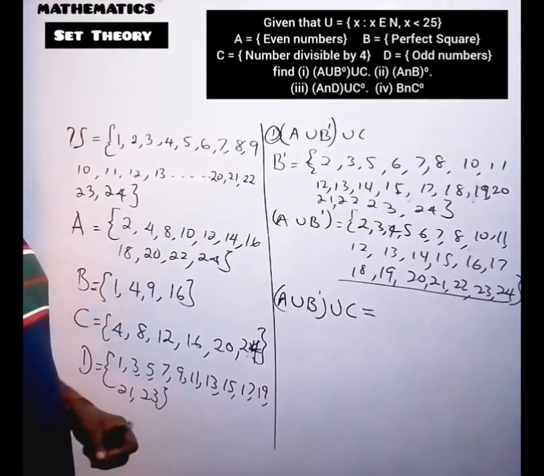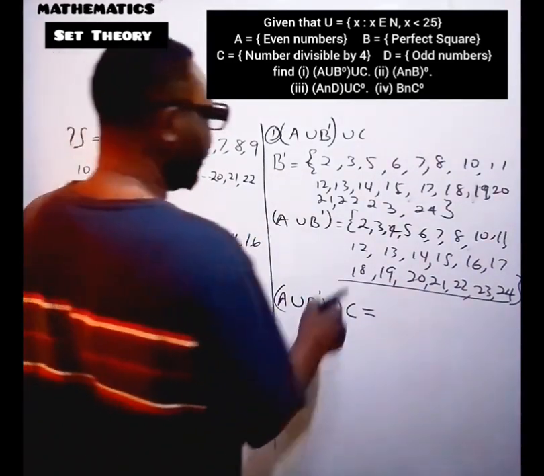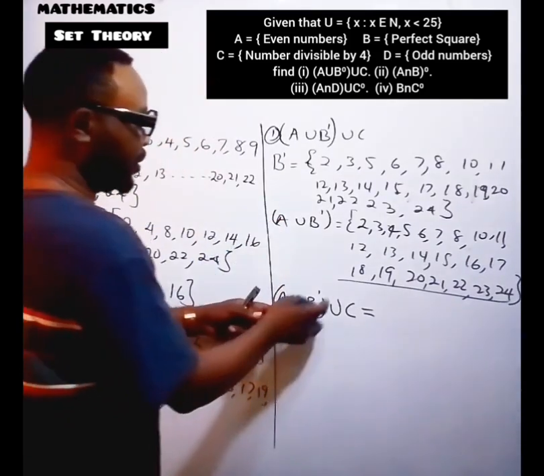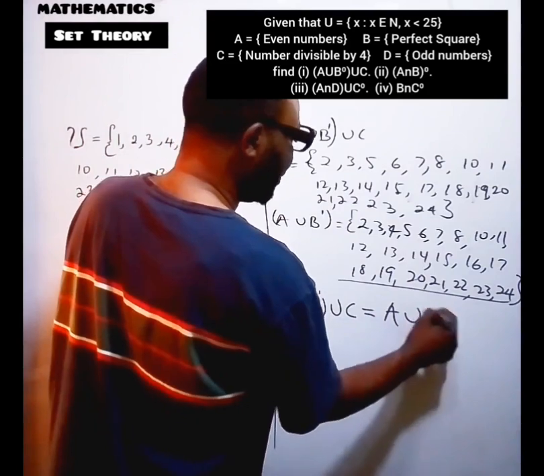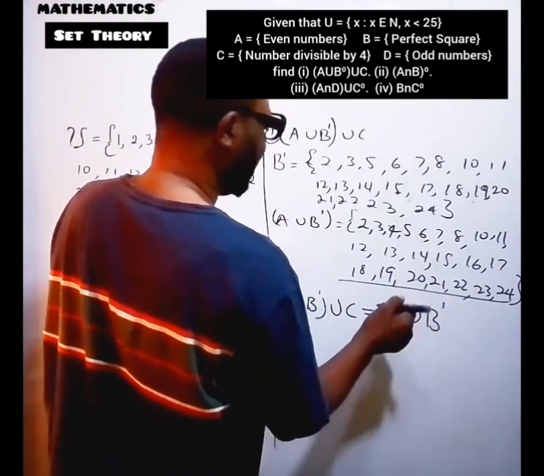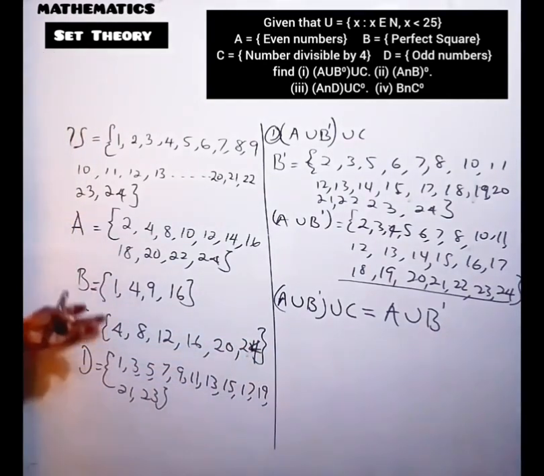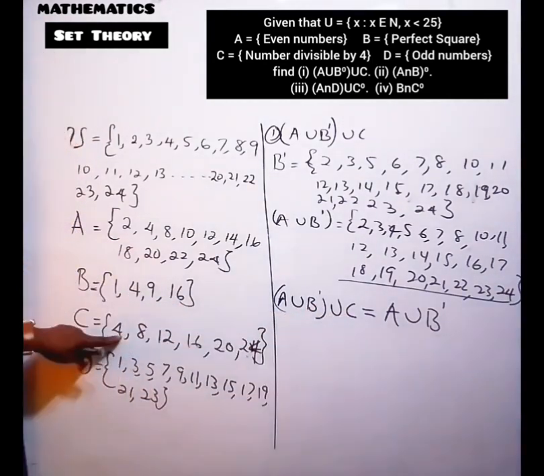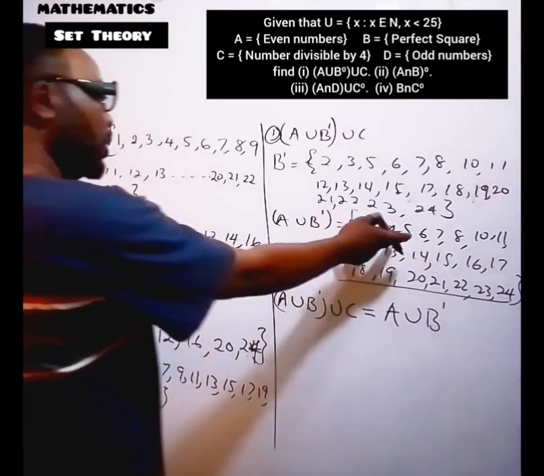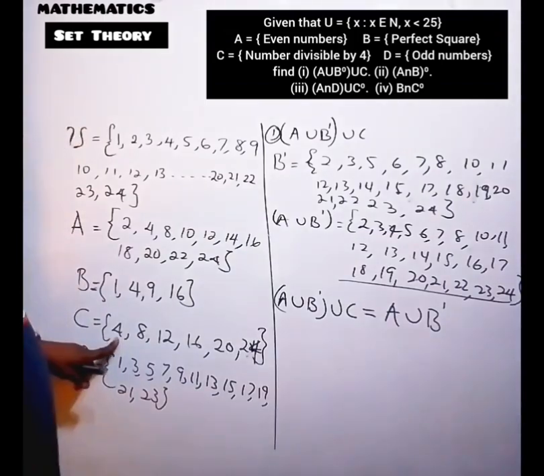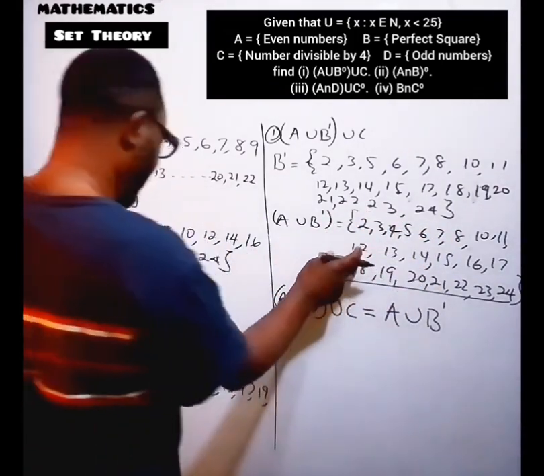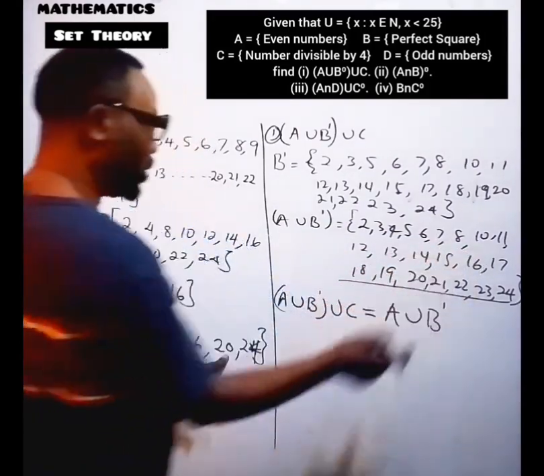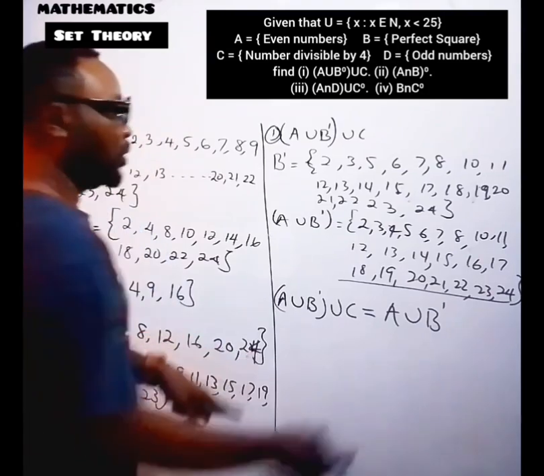I can now tell you categorically that the value we are going to get for A union B complement union C will also be equal to A union B complement. You can see there, because all the values we have in C are also here: 4 here, 4 here, 8, 8, 12, 12, 16, 16, 20, 20, 24, 24.